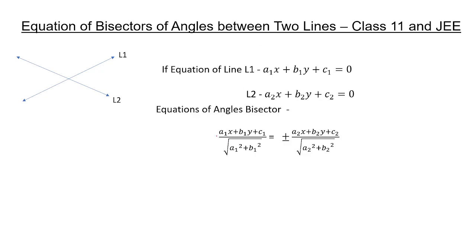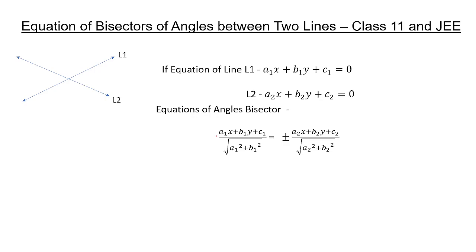So that will be (a1x plus b1y plus c1) divided by square root of a1 square plus b1 square is equal to plus minus (a2x plus b2y plus c2) divided by square root of a2 square plus b2 square.